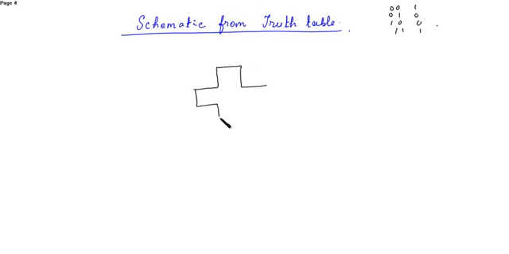This is transmission gate 1, and then we have another transmission gate. This is transmission gate 2.